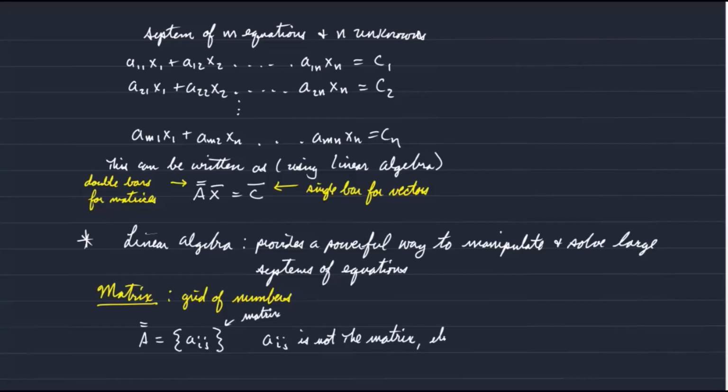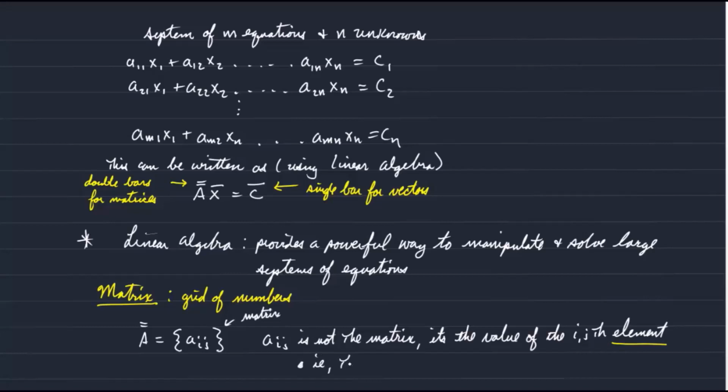Rather, it's the value of the ijth element. And so this is a definition. Each part of the grid is an element, and Aij is the ijth element.